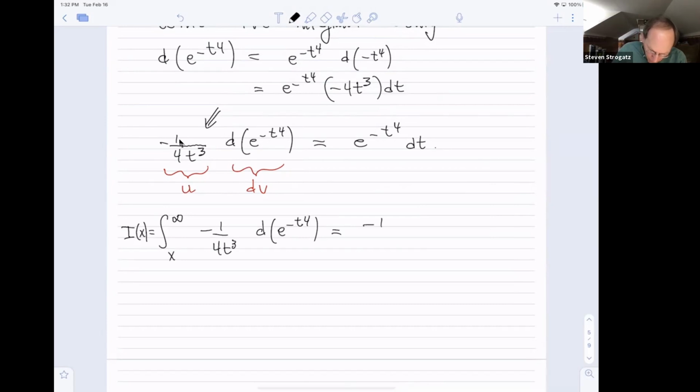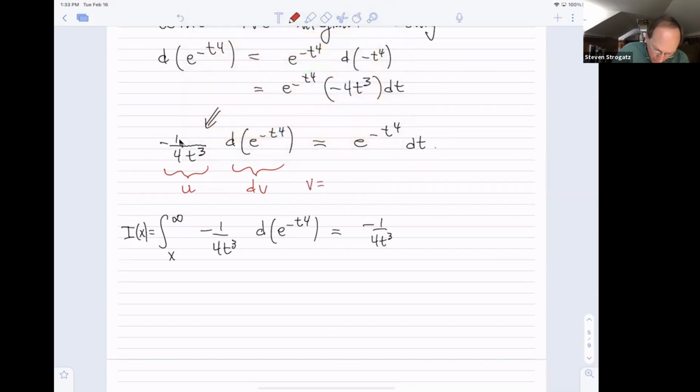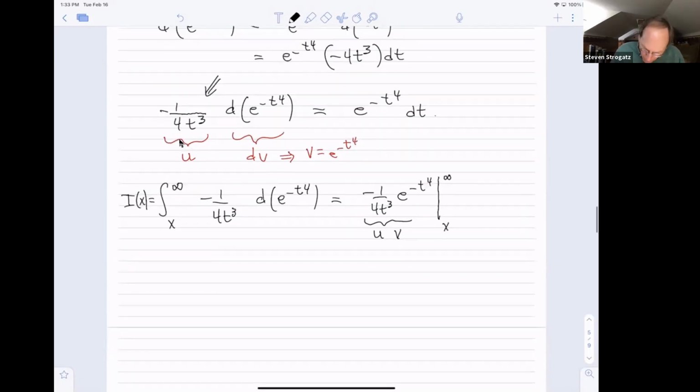That's minus 1 over 4t cubed times v, and the v in this problem is just e to the minus t to the fourth. So there's my uv term. And then it's a boundary term, right? So I'm supposed to evaluate it at the endpoints. And then I'm supposed to go minus the integral of v du.